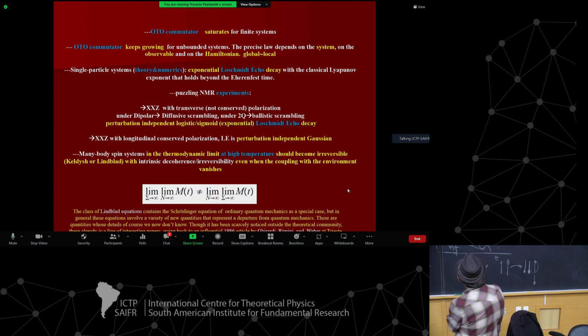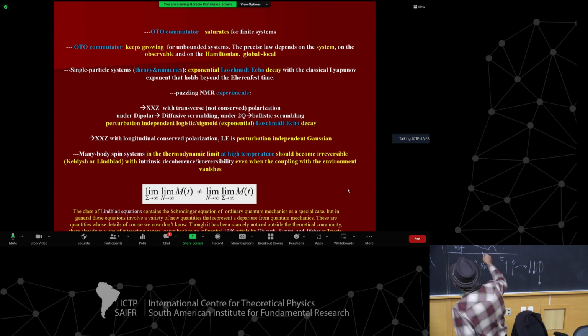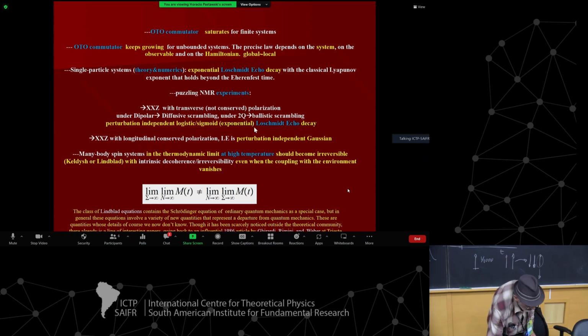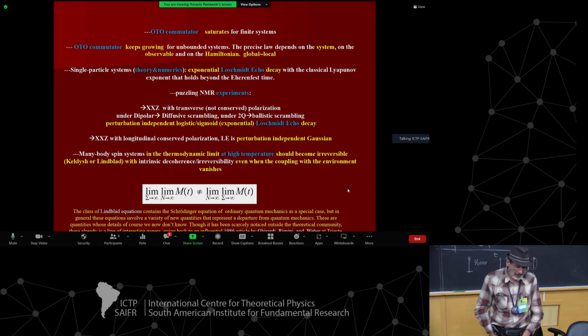I mean, it's not the same having an observable, which is the Loschmidt echo, in the limit when the environment goes to zero, and the number of particles goes to infinity, and sigma goes to zero. So that's a problem.